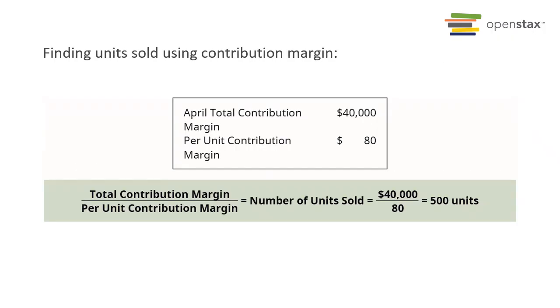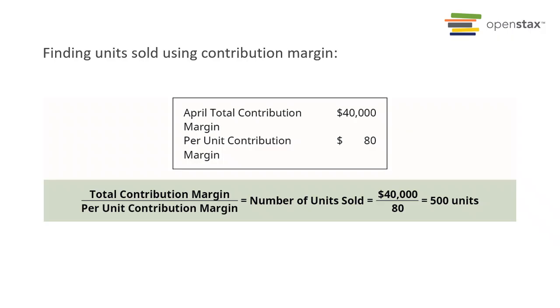And again, your numeracy is important. That flexibility of thinking about numbers and going back and forth between totals and per units. Very simple. It's just division. So if I have $40,000 in total contribution margin and I know that my per unit is 80, I can get back to units.